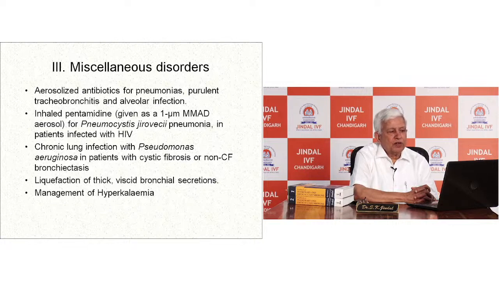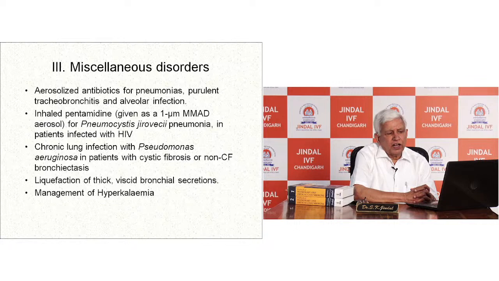Inhaled pentamidine was very commonly used for Pneumocystis jirovecii pneumonia in patients infected with the human immunodeficiency virus, or HIV infection, and still remains a drug of choice, although fortunately one sees fewer and fewer cases of Pneumocystis jirovecii infection because of effective treatment available for HIV infection.